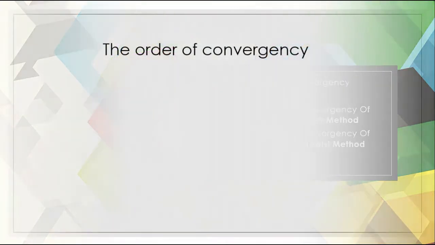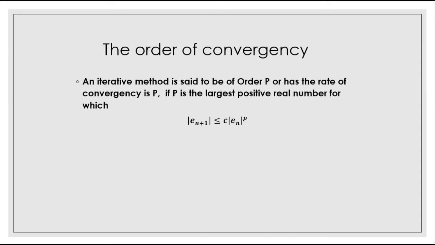Let us start from the order of convergency definition. As we defined in the previous lecture, the order of convergency of a method tells us how fast the method converges toward the root of the function. Generally, an iterative method is said to be of order p, or has the rate of convergency p, if p is the largest positive real number for which the absolute value of e_{n+1} is less than or equal to c times the absolute value of e_n raised to the power p.